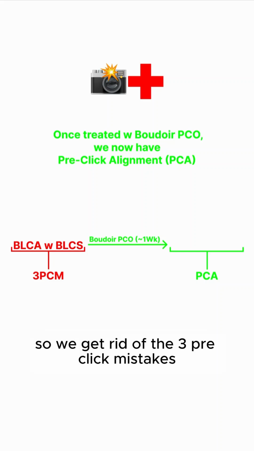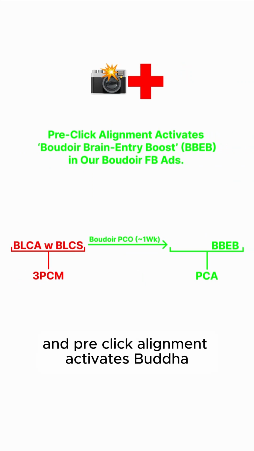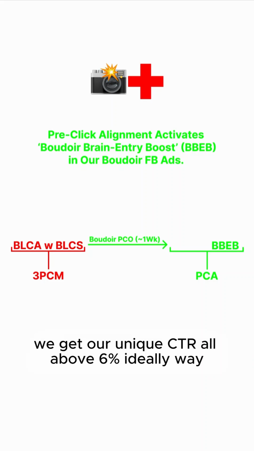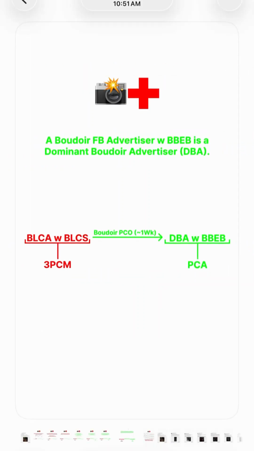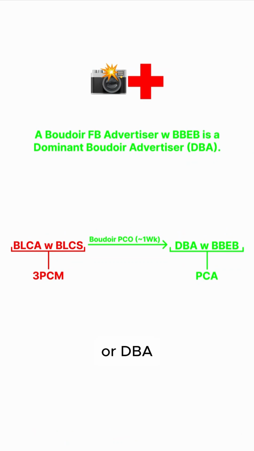So we get rid of the 3 pre-click mistakes. We achieve pre-click alignment, and pre-click alignment activates Boudoir brain entry boost in our Boudoir Facebook ads. Basically, we get our unique CTR above 6%, ideally way, way above it. And a Boudoir Facebook advertiser with Boudoir brain entry boost is a dominant Boudoir advertiser, a DBA.